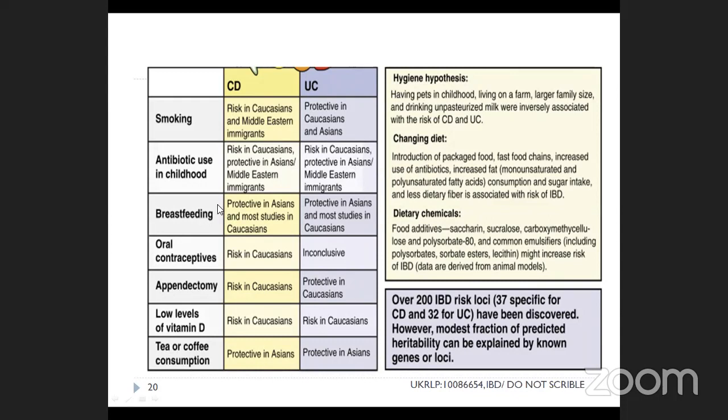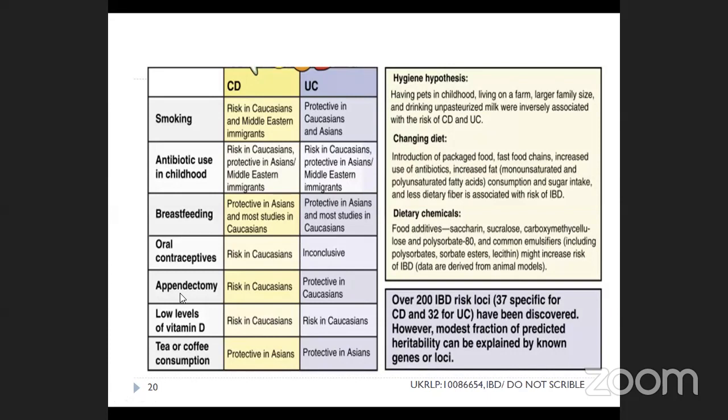Breastfeeding is protective all across, and oral contraceptives have been proved to be a risk for causation, while there is no evidence, it is inconclusive, that they trigger ulcerative colitis.